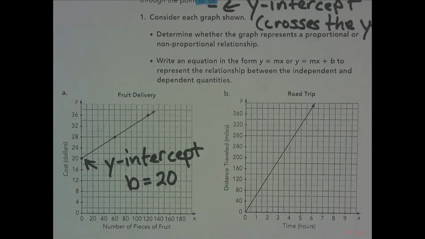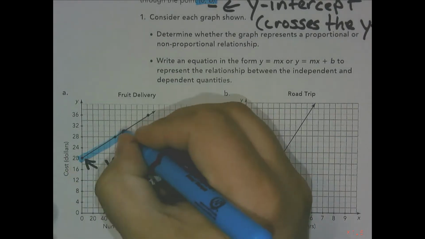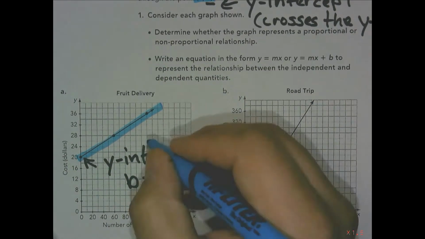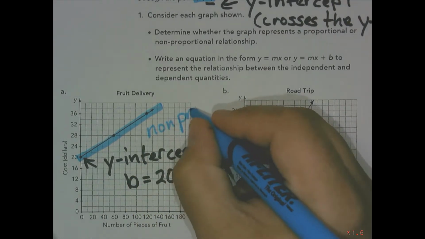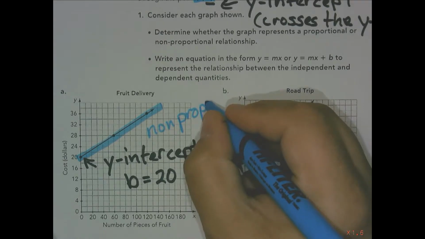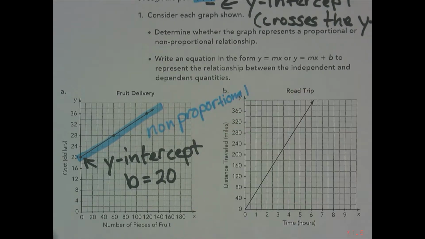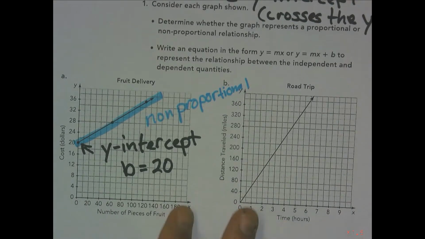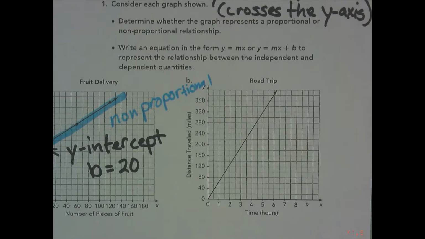So if B does not equal 0, what does that represent? Non-proportional. Okay, so that's non-proportional.